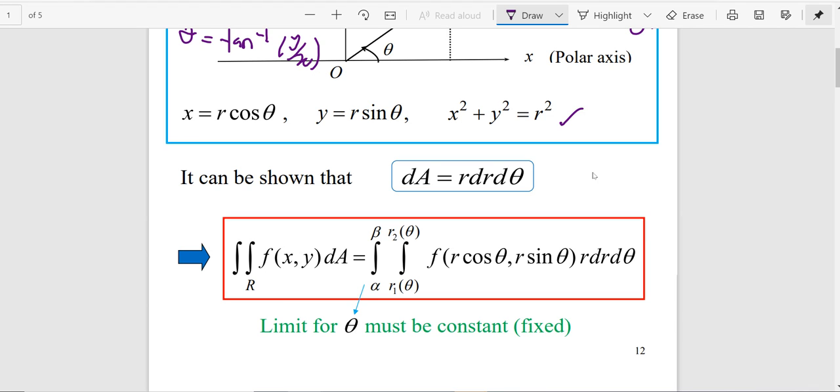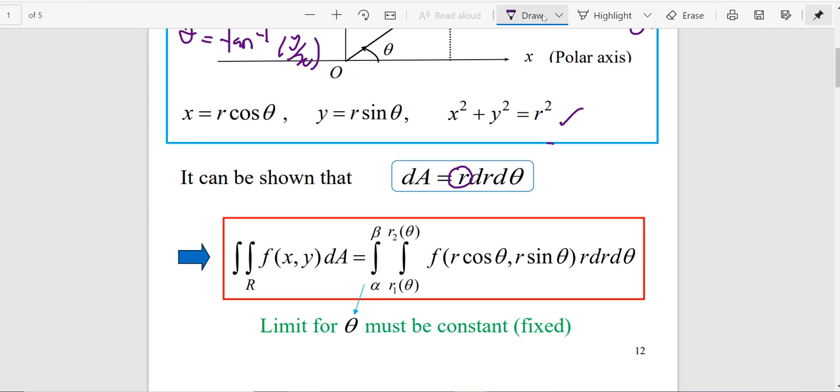Whenever we have this form, the limit for theta must be constant or fixed. We also have the form r d theta dr actually, but in your content we only focus on r dr d theta. Make sure that you do not miss r here.